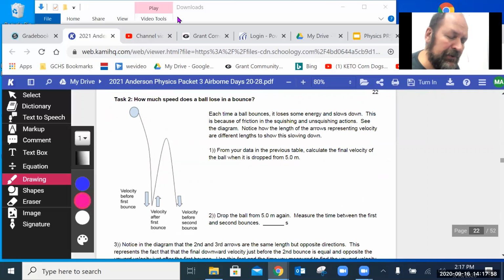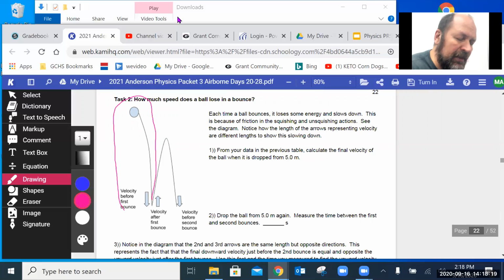For task number 2, what you'll need to do is to replay the video for the STAIR lab. And this time, look at the first drop that I do from the 5-meter mark. And you're going to have to watch that again and do a different measurement. In the first part, the first test, you measured the time for the initial drop from the release down to the floor.